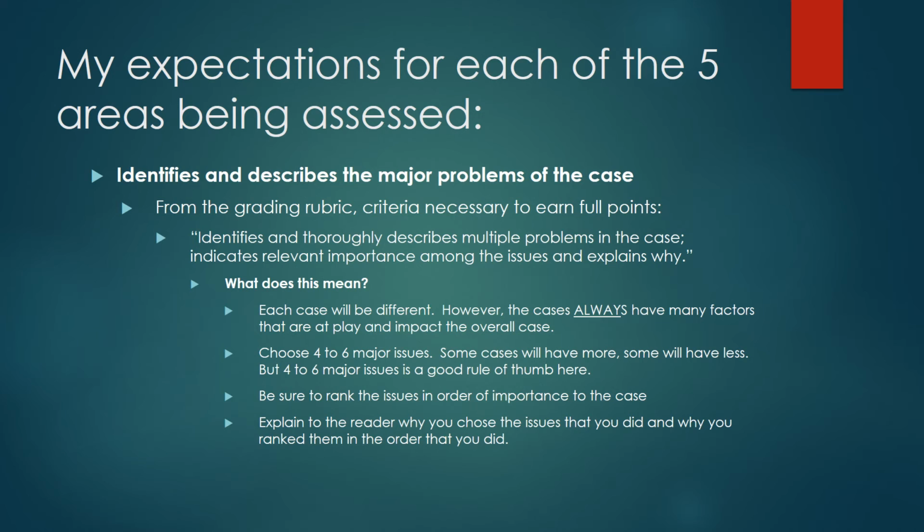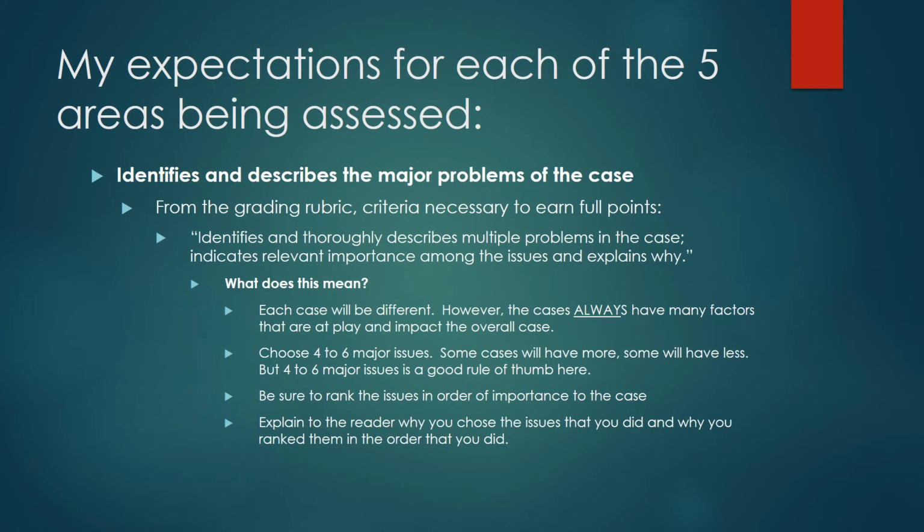So each case is going to be different. However, the cases always have many factors that are at play and impact the overall case. So my recommendation is to choose 4 to 6 major issues. Some cases will have more, some will have less, but 4 to 6 is a good rule of thumb here.